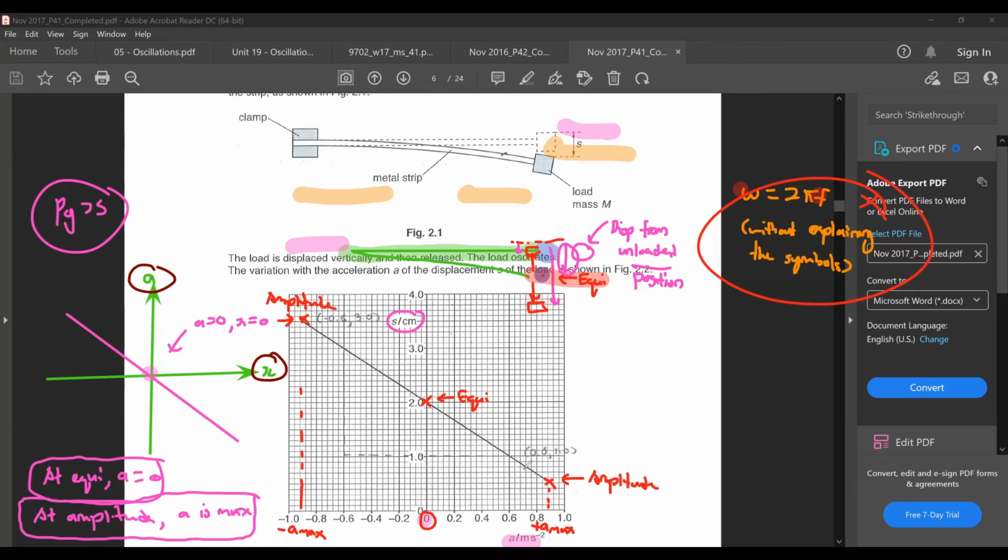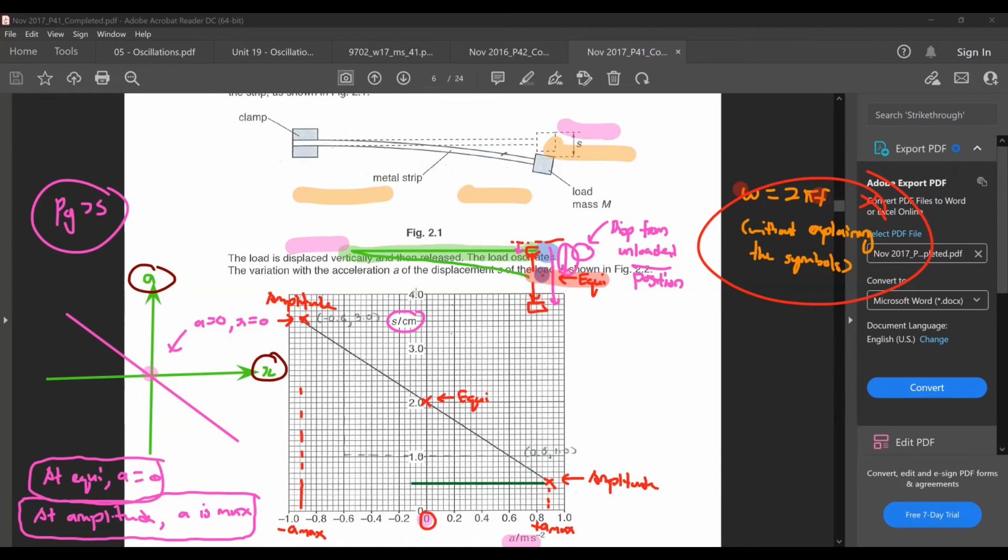Now you want to find out your amplitude values. They're asking you for your amplitude, but recall that your amplitude is measured from equilibrium, not from some arbitrary reference point.